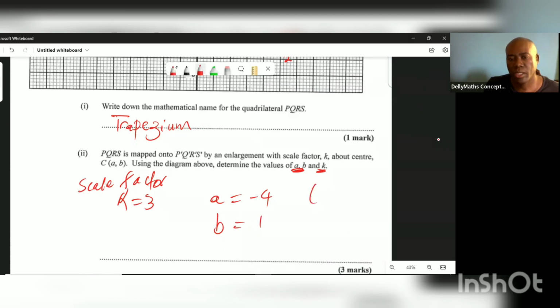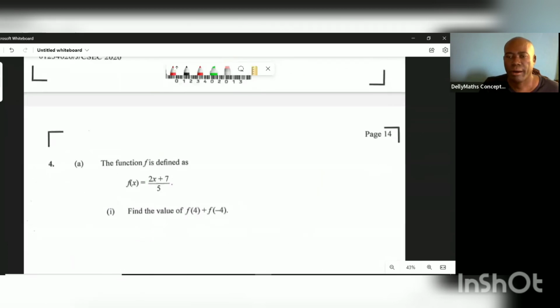So the coordinate was (-4, 1), and that was the center. All right, so there it is. We have easily brushed that aside.